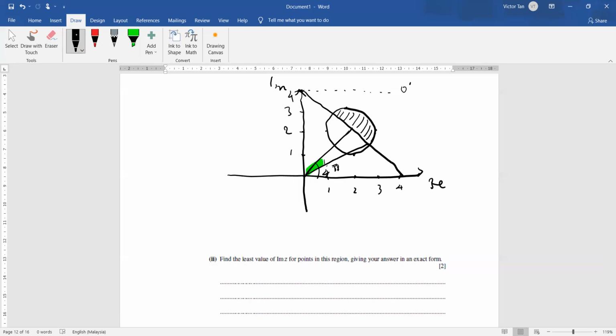So what do you know about the angle? This line here is the horizontal of the center, 2, 2. This radius is 1. So let's put this angle as theta. Tangent theta is 1 over 2 root 2.